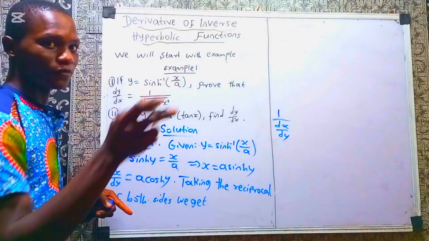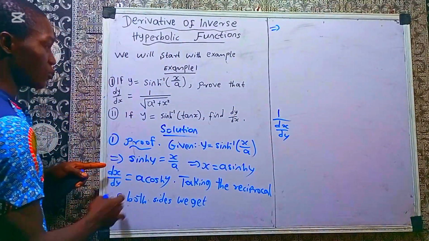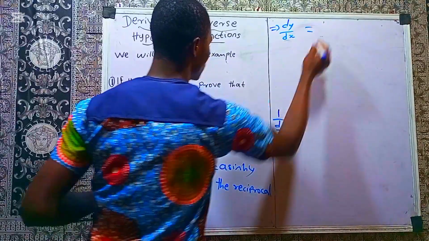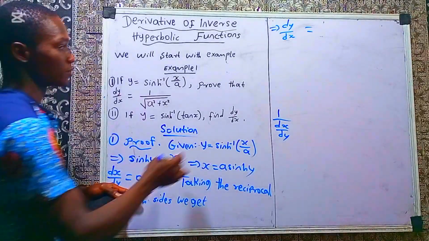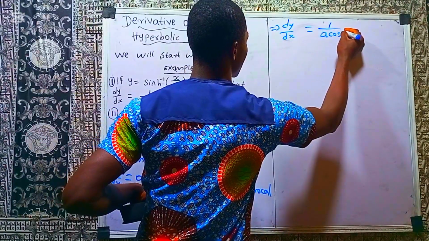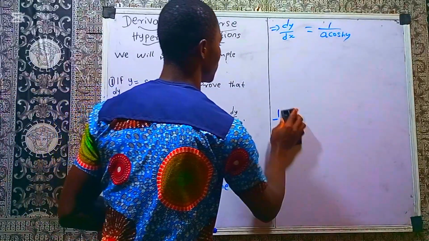So the dy will come up, the dx will come down. We now have dy/dx will be equal to 1 over this quantity here, 1 over hyperbolic cosine of y. So that's what we have there.